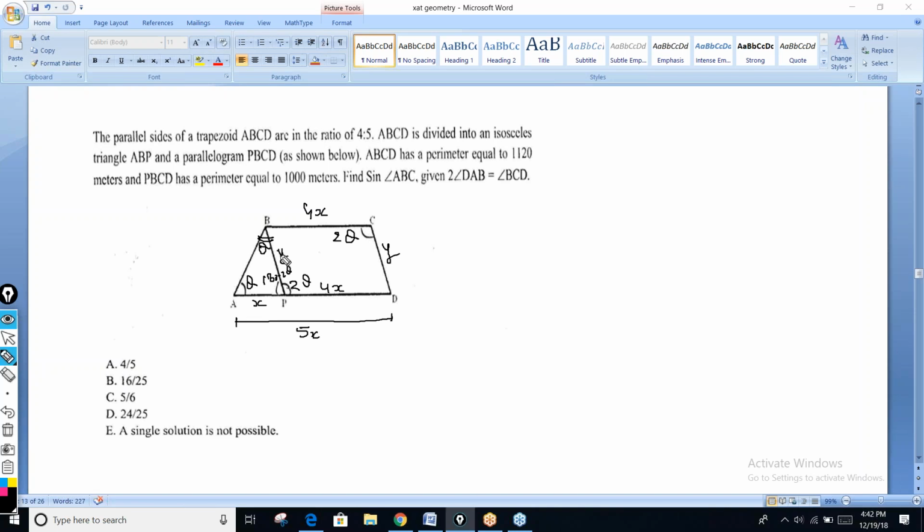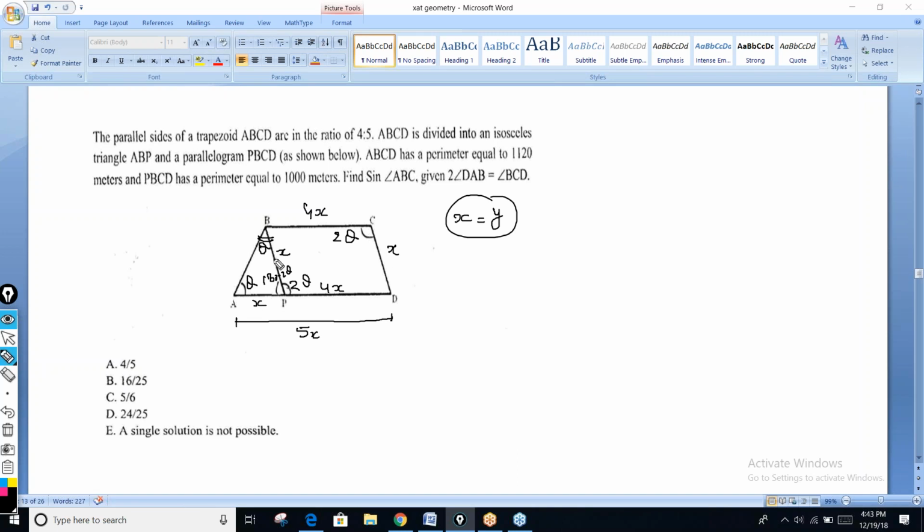So this is also x. These two sides are equal. From here, we are getting x equal to y, so I can replace this y with x. This is also x, this is also x. So what is the perimeter now?